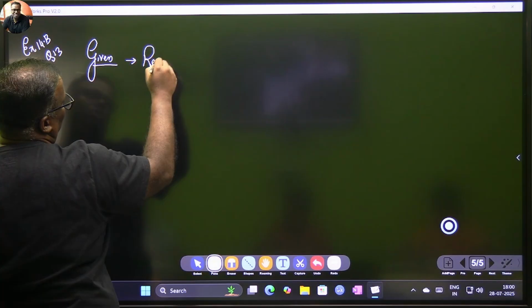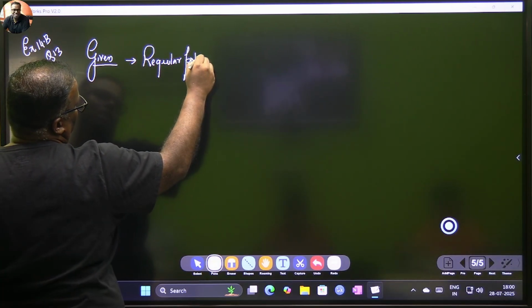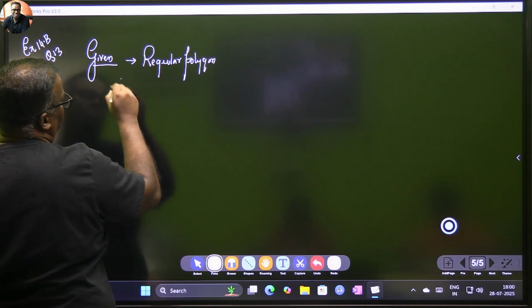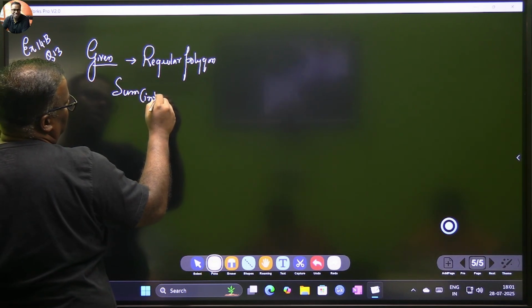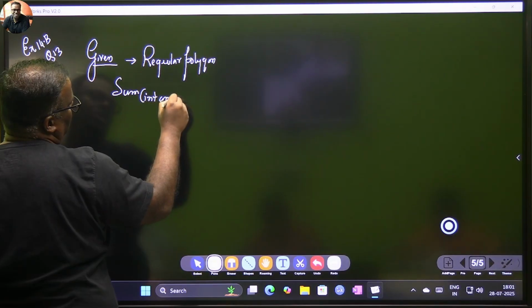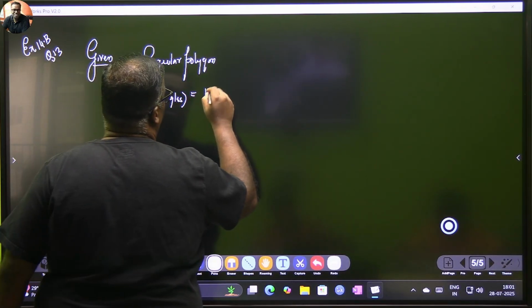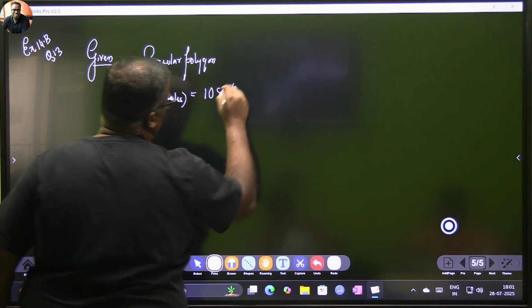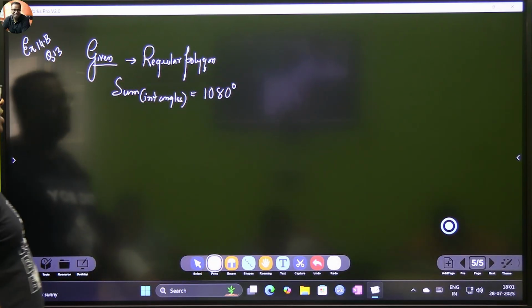As I told you, they will always give you a regular polygon. And then they say the sum of all internal angles or interior angles is equal to 1080 degrees. What have they asked us? What is the measure of each of the interior angle?